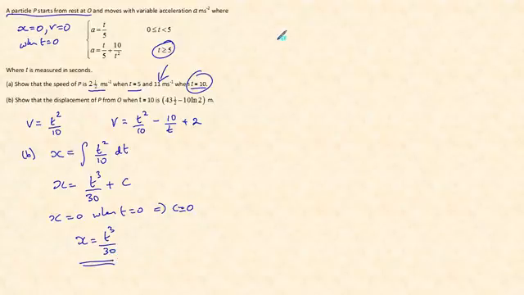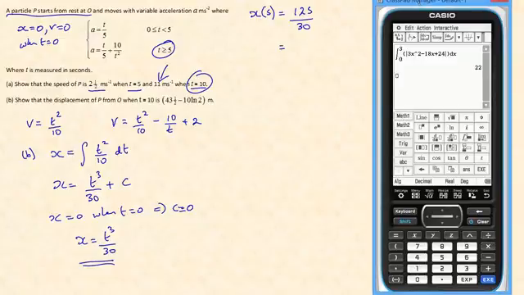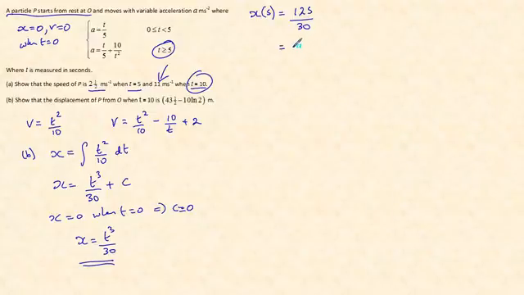So what does that mean about x of 5? That's going to be 125 over 30. Let's just use the calculator to cancel that down. 125 over 30 is 25 over 6.